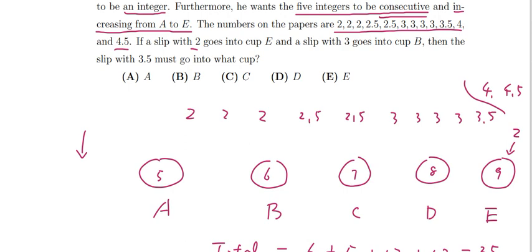Let's say 3 goes to B, and A is 5. So 5 could be 2.5 plus 2.5, or 2 plus 3.